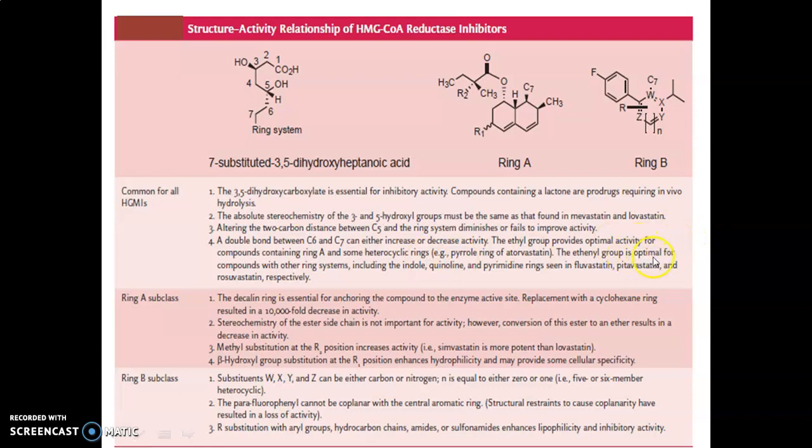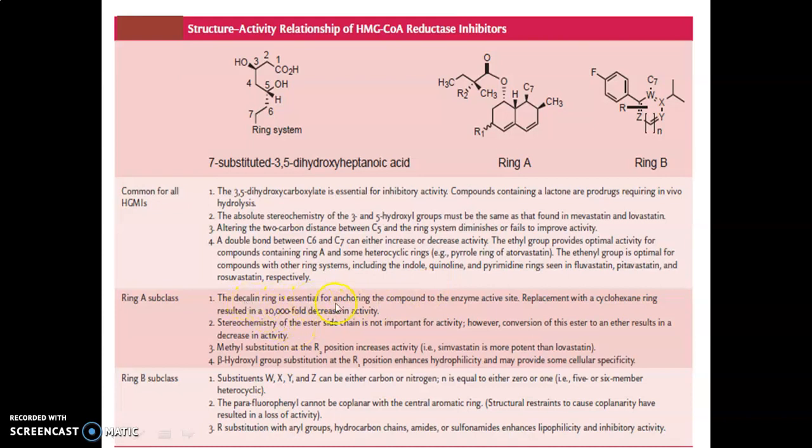The ethylene group is optimal for compounds with other rings, including the indole, quinoline and pyrimidine rings seen in fluvastatin, pitavastatin and rosuvastatin respectively. Then ring subclass A. So here changes happen, and we will see what the result is.